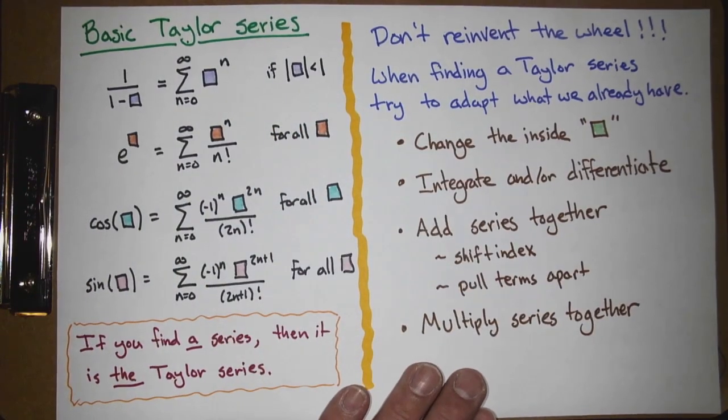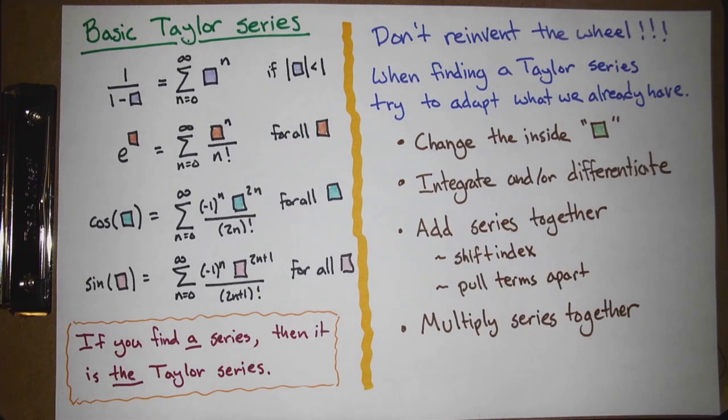Now, if you're asked to find a Taylor series, don't reinvent the wheel. Don't go through and start saying, let me grind out a lot of derivatives. That is the wrong way to go. Adapt what you have. You've invested to get some basic building blocks. Use your building blocks.